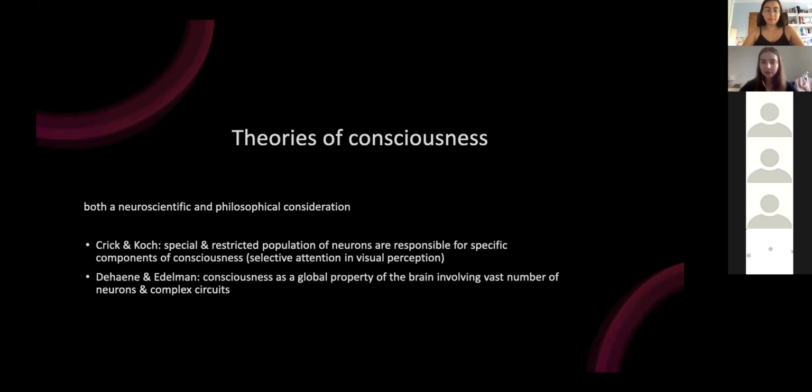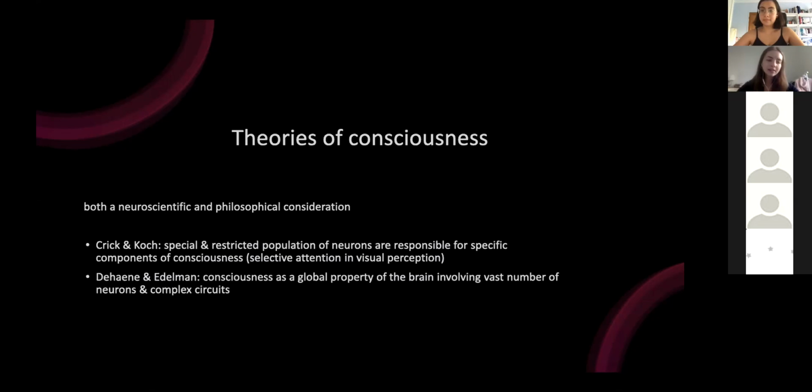some of the biochemistry that comes into play. So I have two kind of theories, or not really theories, but more like directions of consciousness in the context of neuronal circuits, in the context of neuroscience.